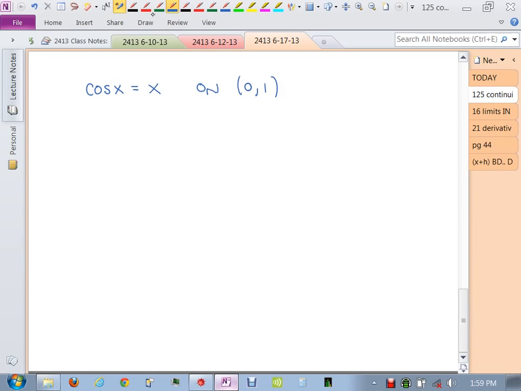So here's the way we approach it. We first of all take everything to one side of the equation. And then I look at the left side of the equation as a function. I call it f of x.